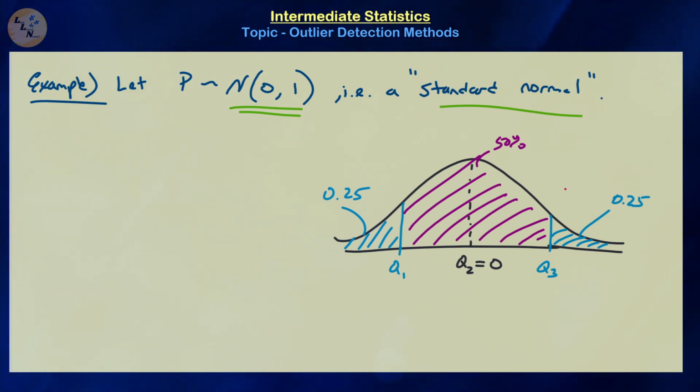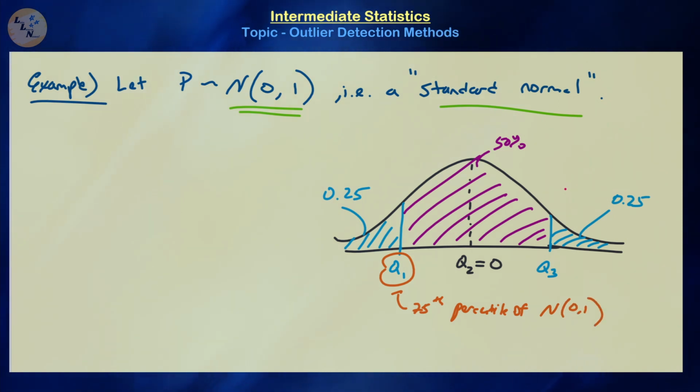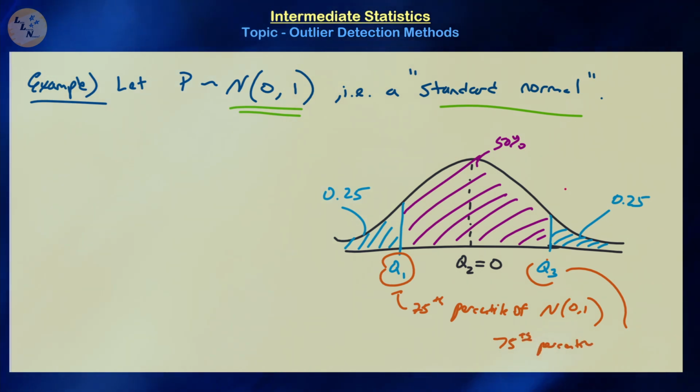If we go ahead and calculate these inner quartiles, how would we do that? Notice that Q1 is the 25th percentile of this distribution, N(0,1), and Q3 is the 75th percentile of N(0,1).